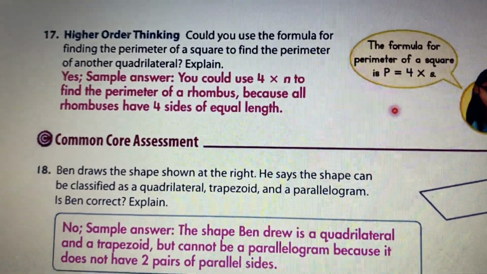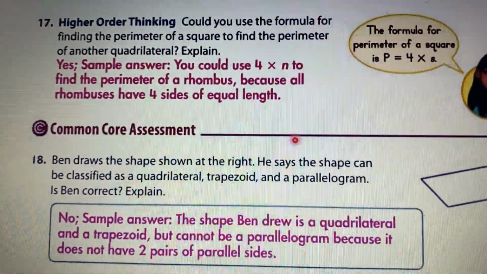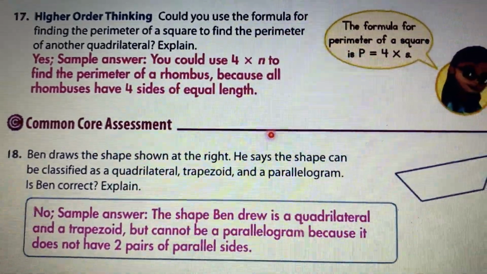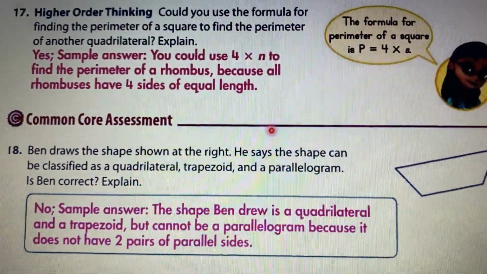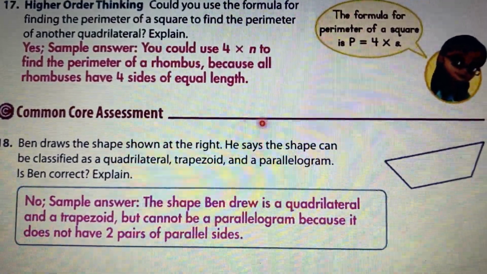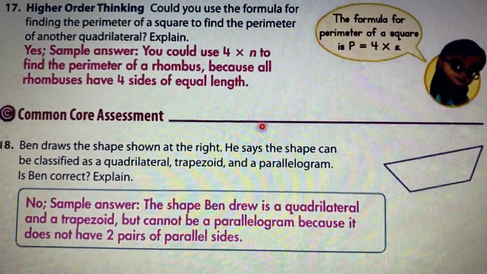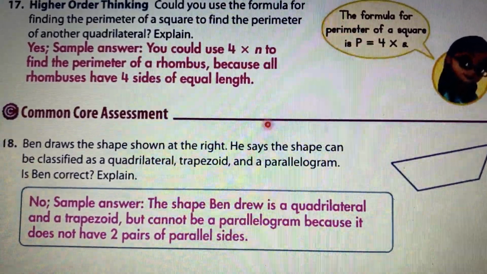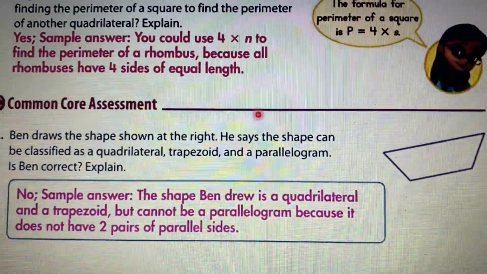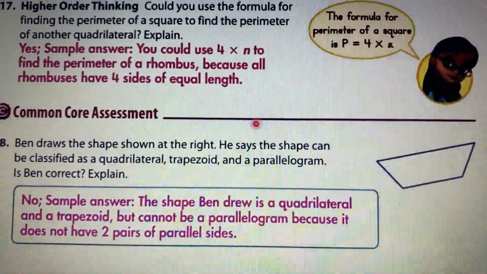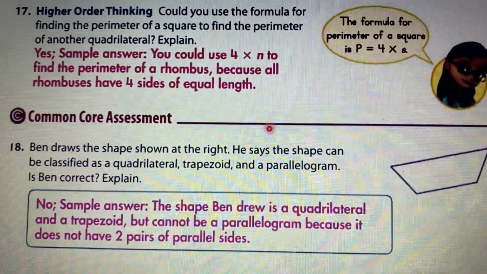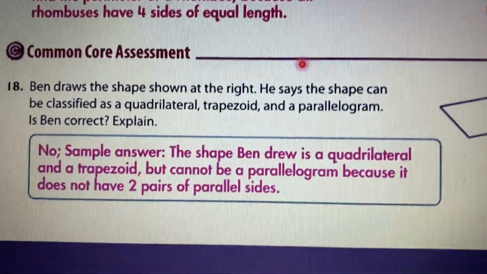Yes, the same. So, think about this. Is there any of the shapes that we studied today that has 4 equal sides or 4 equal lengths? Yes, what is it? The rhombus. So we can use this formula for the rhombus, right? Okay.